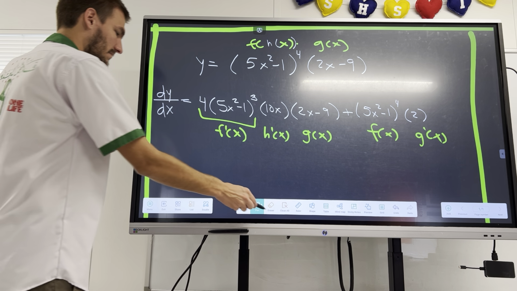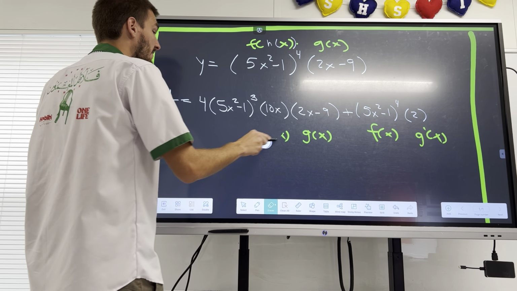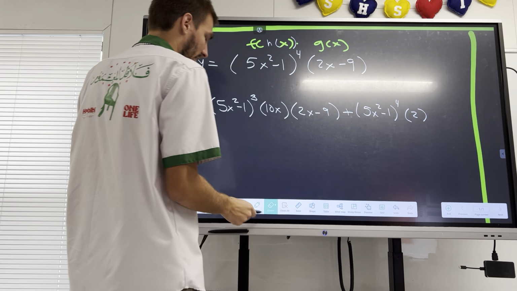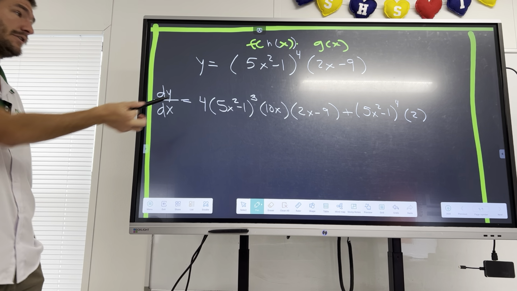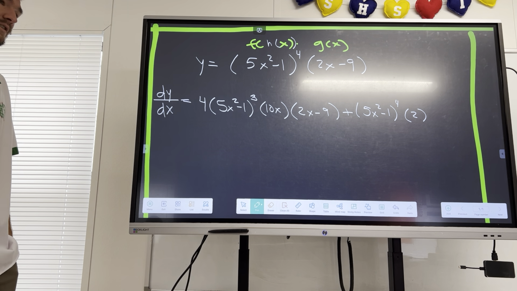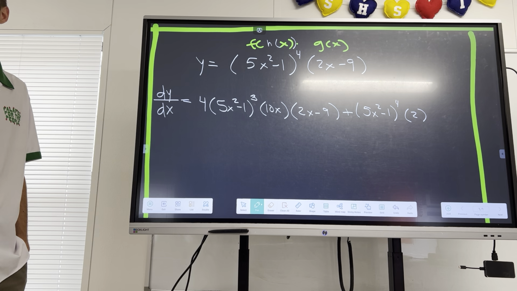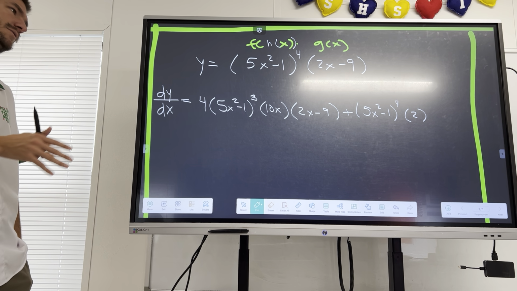Okay. Now, this is the derivative. If we wanted to find out what is the slope or the gradient of the function at any x value, we could use this. If I said, what is the gradient at an x value of 0, we could plug in a 0, and we could figure it out. It would work.